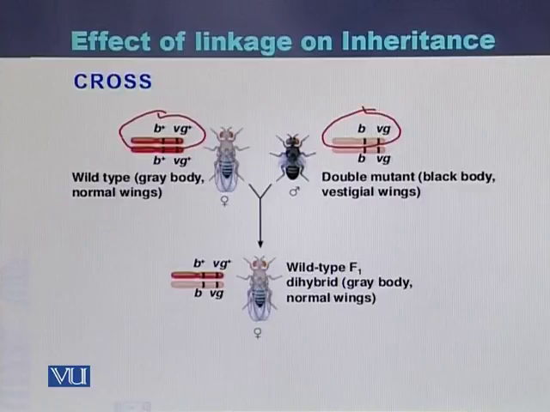As a result of the cross, the F1 progeny appeared. The F1 progeny were wild type, that is, with gray body and normal wings.